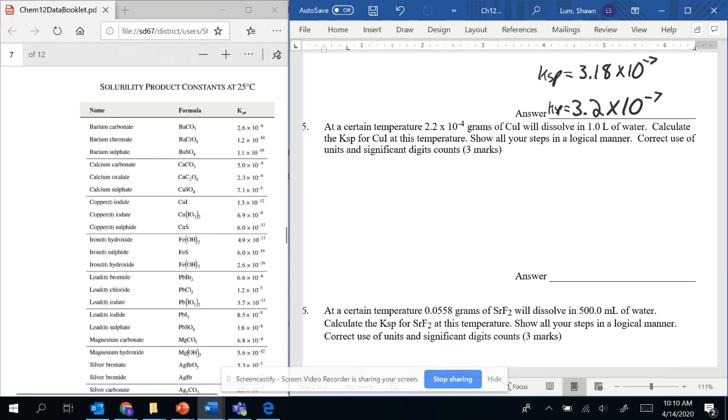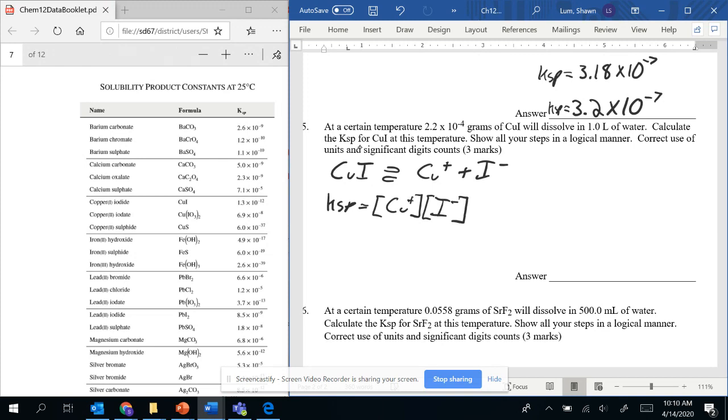Now, the thing is that when we are writing our Ksp expression, like that, our Ksp for this particular one is going to be the concentration of Cu plus times I minus.